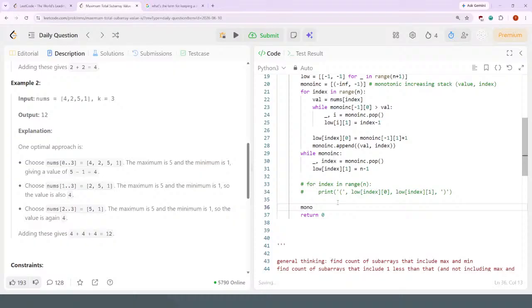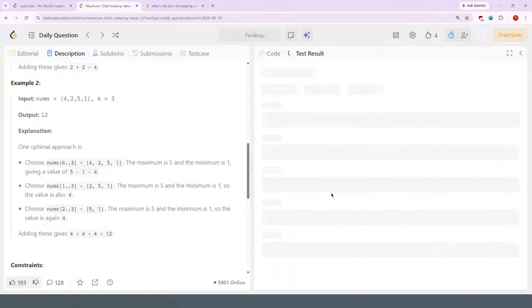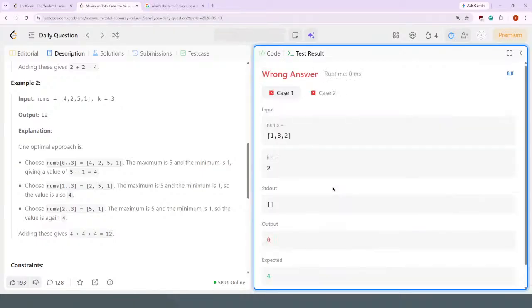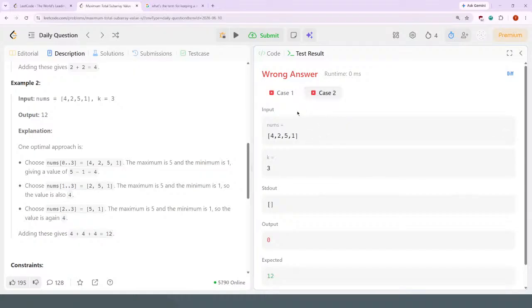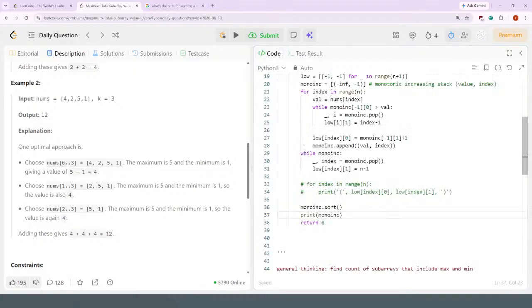Mono increase dot sort. This thing doesn't quite have enough information. It would need to have the value again.